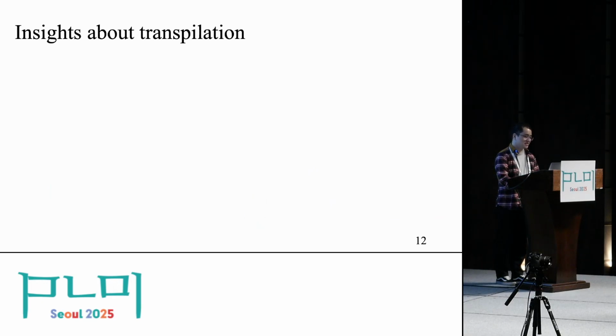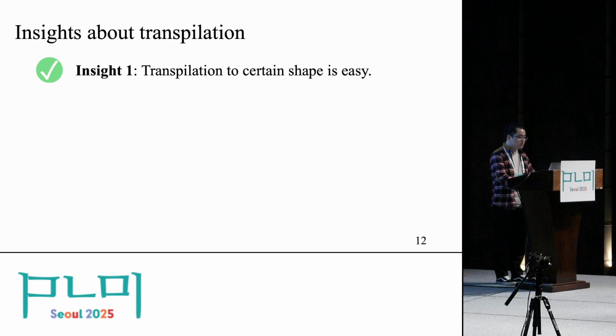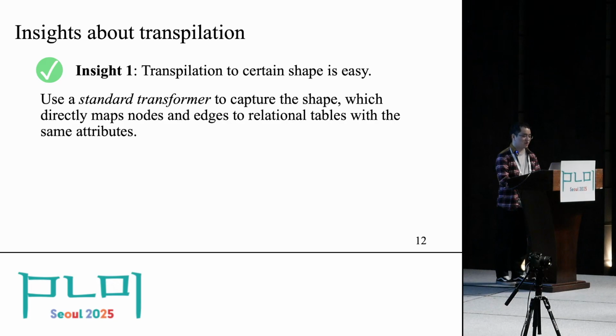Therefore, the first insight is that transpiling a graph database into a relational database of a certain shape is easy. We capture this shape using the notion of a standard transformer, which directly maps nodes and edges to relational tables with the same attributes.